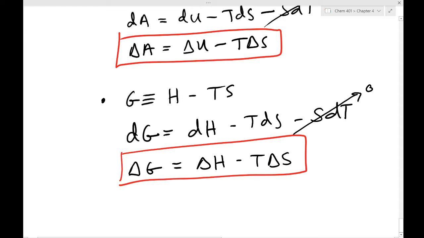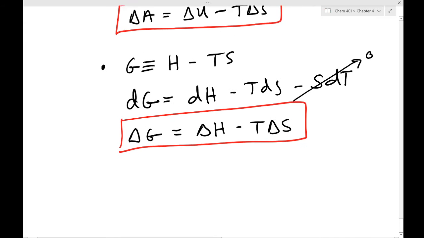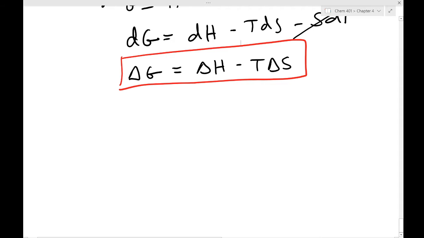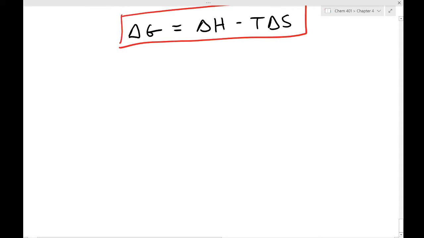Okay, so just like with delta H that we found before, we can define the delta G for reactions.